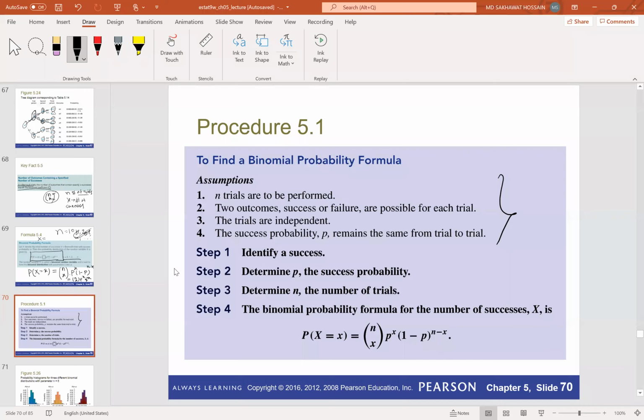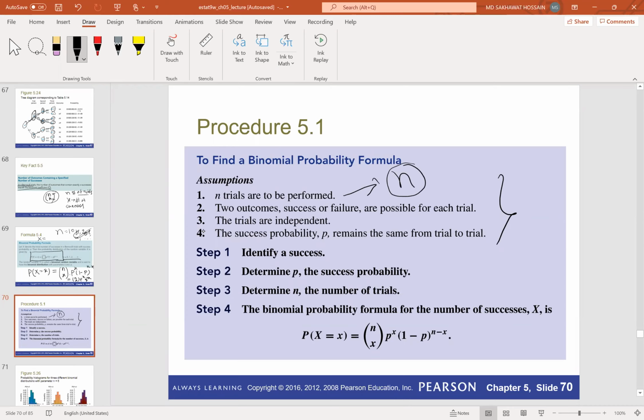Okay, so what are the assumptions to determine the binomial probability? The first thing is n trials are to be performed, so the number of trials should be fixed. n is the number of trials, so this is a fixed number. Number 2 is two outcomes.